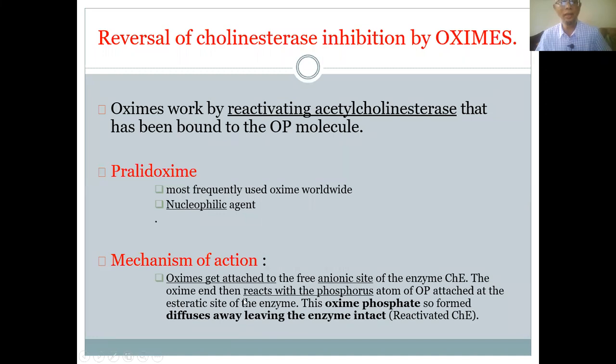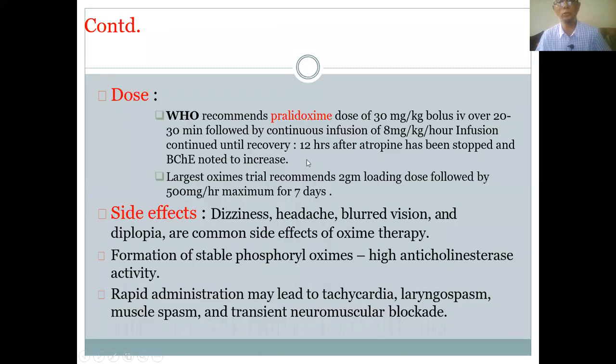The oxime end then reacts with the phosphorus atom of the organophosphate attached at the steric site of the enzyme. The oxime phosphate so formed diffuses away, leaving the enzyme intact. So it reactivates the enzyme cholinesterase, and in this way it inactivates the poison.